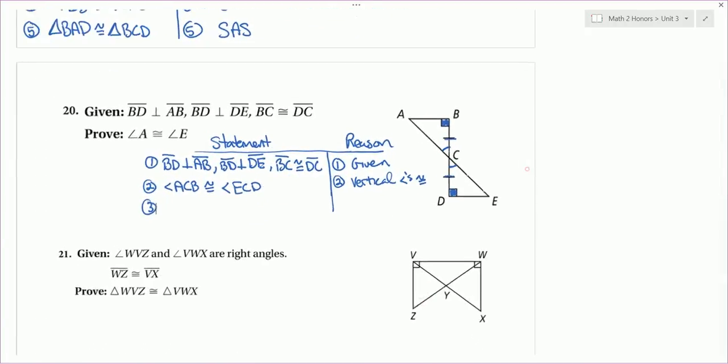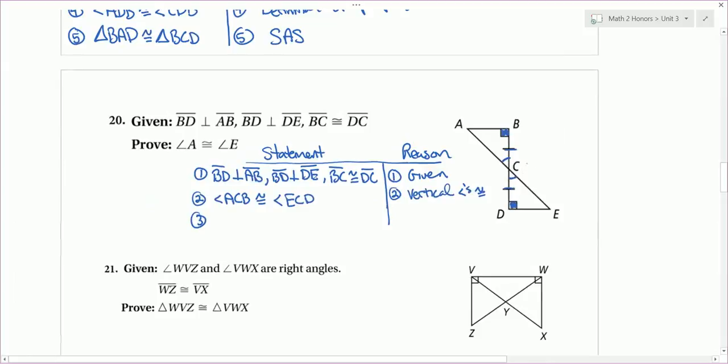And now we can say that the two triangles are congruent by angle side angle. So triangle ABC is congruent to triangle EDC, by angle side angle.